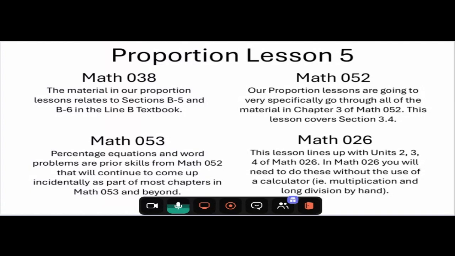So if you assess directly into 053 and haven't actually done Math 052, a lot of these Math 052 lessons are potentially quite valuable for you as well, because they'll fill in those gaps, and percents and proportions for sure are going to continue to come up in various ways throughout all math courses, all accounting courses, all types of courses you're going to do in the future, stats, everything.